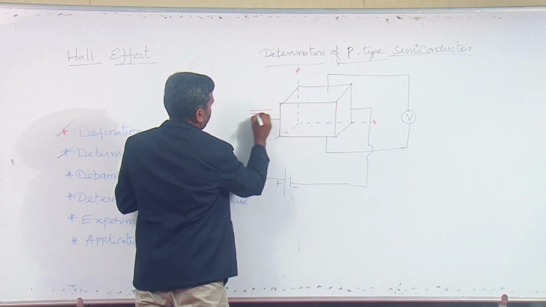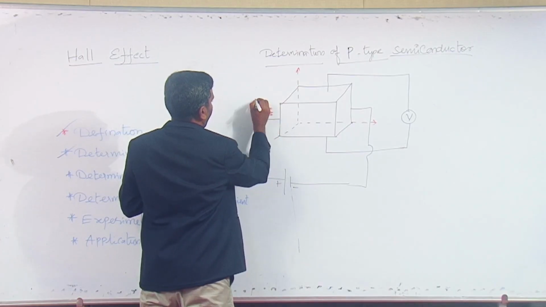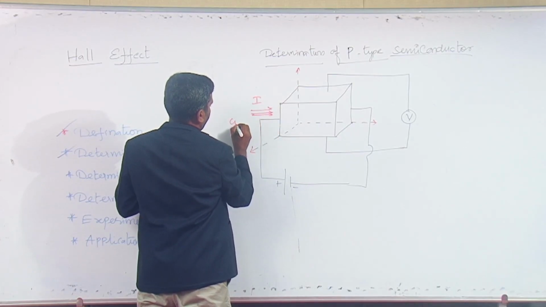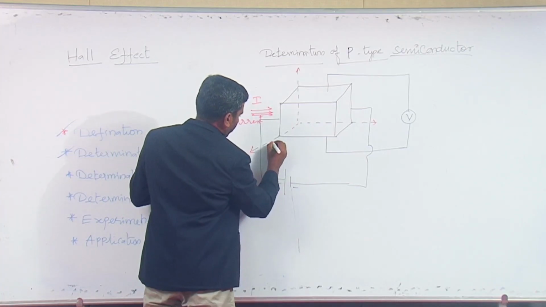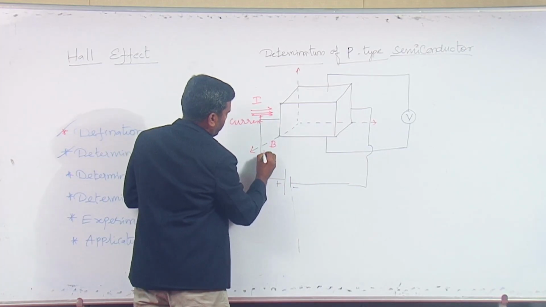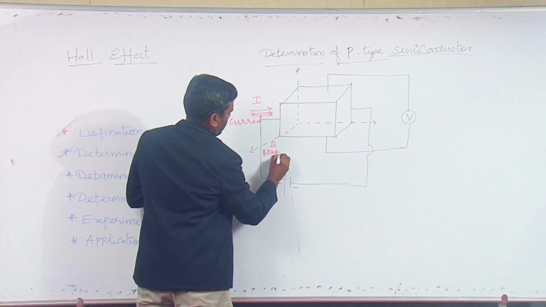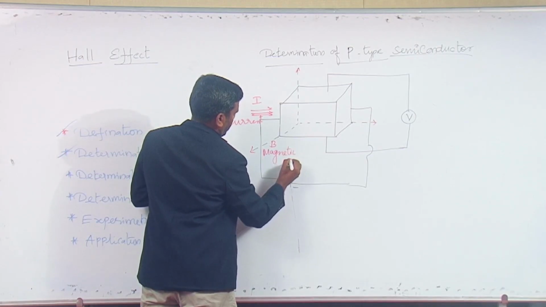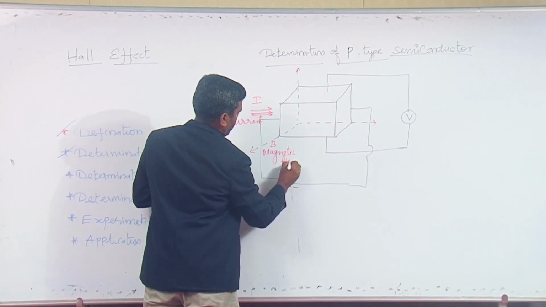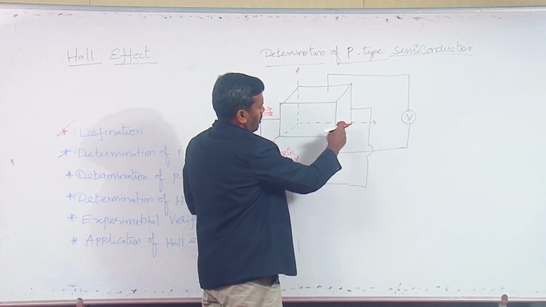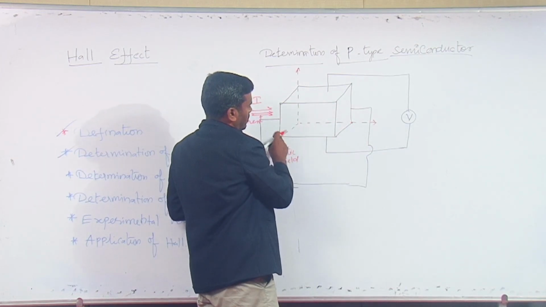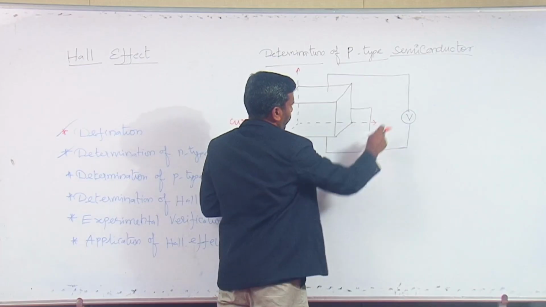The current is carrying in the x direction, the magnetic field is along the z direction, and the potential difference appears perpendicular to both the x and z directions, which means the y direction.